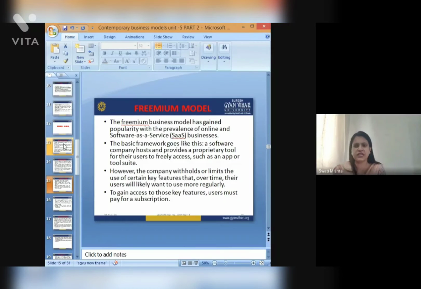The basic framework of this type of business model goes like this: there is a software company host, and it provides a proprietary tool for its users to access for free, such as an application or maybe a tool.